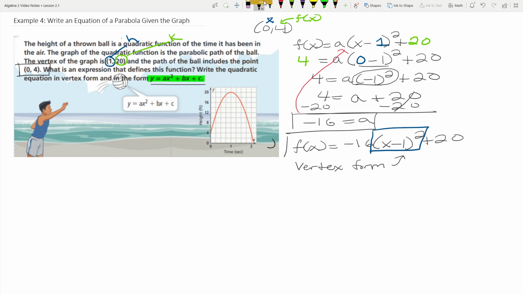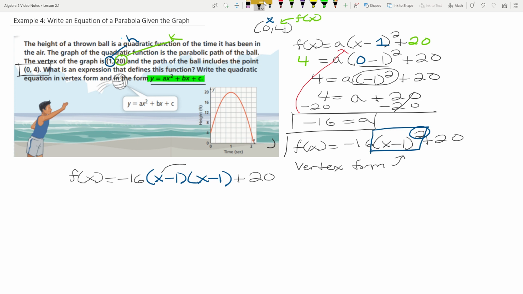Let me write it over here. We have f of x equals negative 16 times parentheses. Now we're going to rewrite this as x minus 1 times x minus 1, because we have a square right there, so that means we have two of them. And then we've got plus 20.